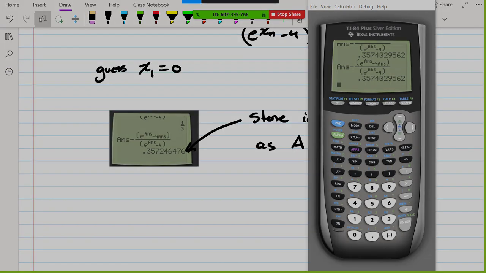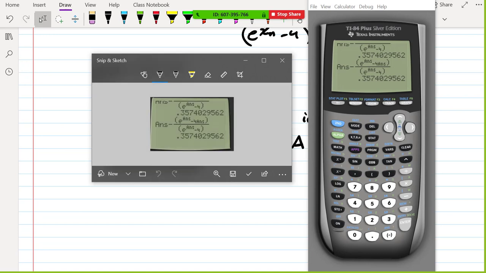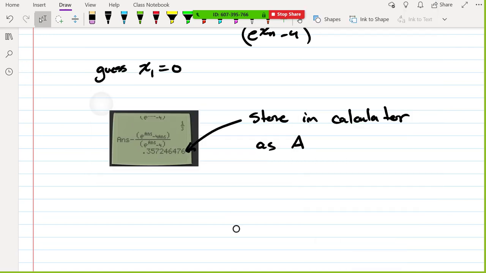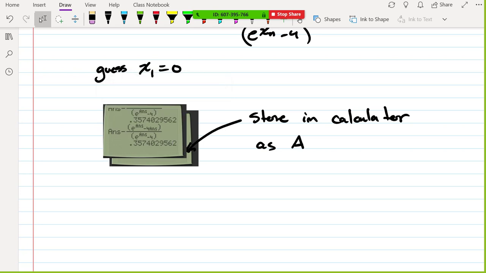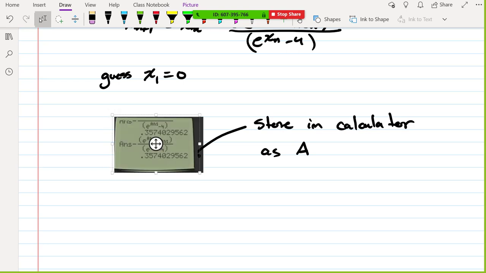So I pressed it a couple of times. And then that one's the one that we store in the calculator. So now we checked that that does indeed give us 0.